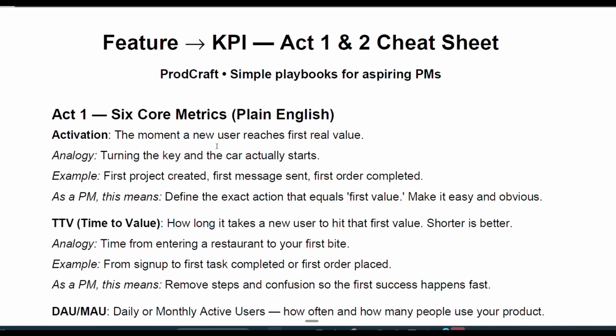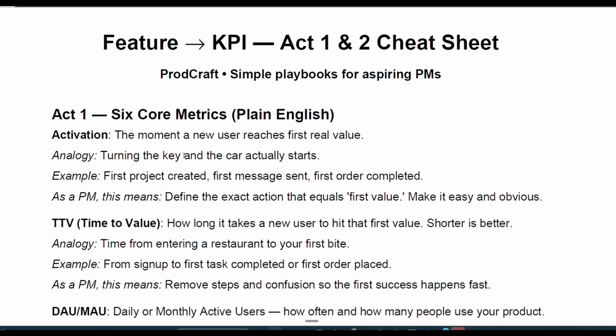You ask, what is it exactly? Just imagine that you turn the key on the car on your ignition and the car actually starts. So, yeah, you got the first real value. You turned the key and the ignition started, and the engine is working, right? So, that is something which you can call an activation.